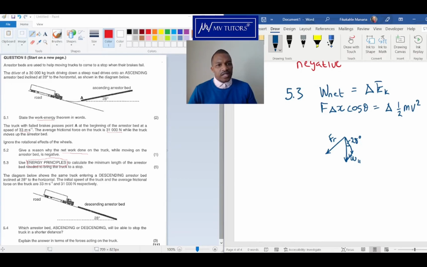So let's start with friction. We've got the force of friction, the change in distance, and then cos theta. The cos theta of friction, remember motion is going that way, so this is 180 degrees.